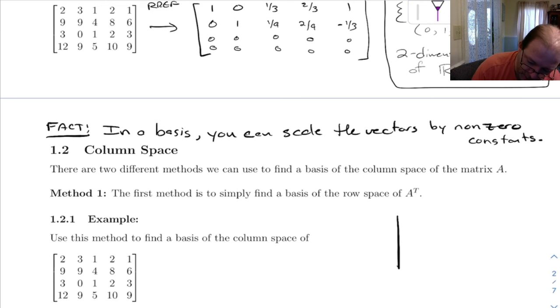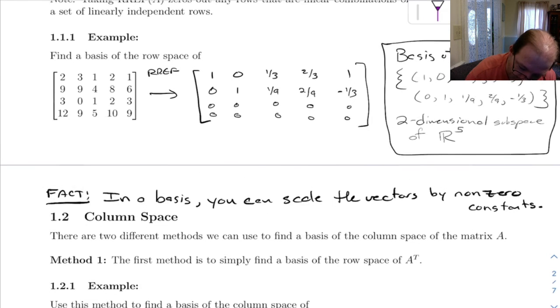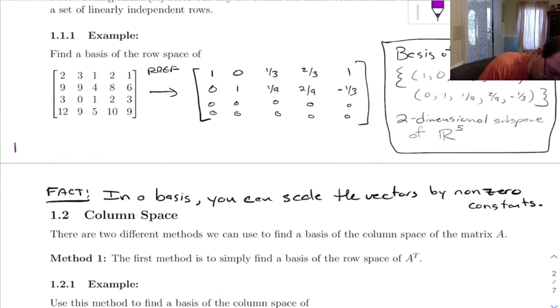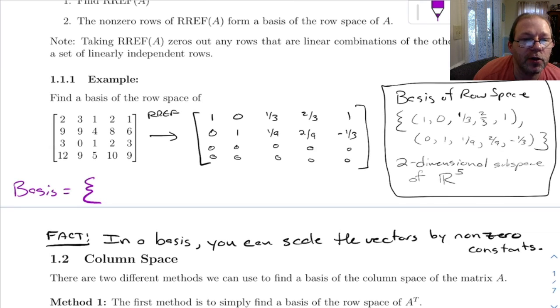Why is that? Well, if you've got a vector space that's spanned by this vector and this vector, it's perfectly fine to replace this vector with one that's longer, and this one with one that's longer, or shorter, it doesn't matter, as long as it's a multiple of it. So if I want to write this with no fractions, I could also say that a basis of this row space is, I'm going to take this top guy and multiply it by 3, and I'll get 3, 0, 1, 2, 3.